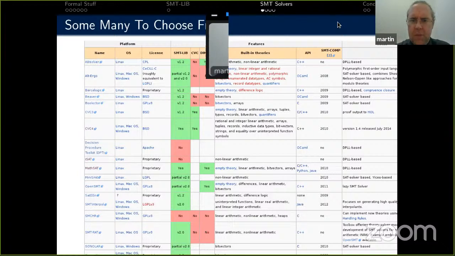Right, so solvers. Let's talk a little bit about solvers. There are many to choose from. This is actually a screenshot of Wikipedia, which shows you what kind of quality scientist I am. But it's got to the stage where there's even a Wikipedia list of SMT solvers. I'm not going to go through all of them, but we've got CVC4, one of the solvers I work on.